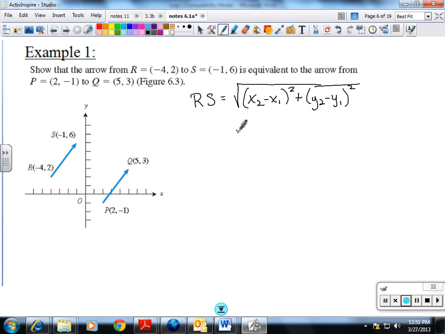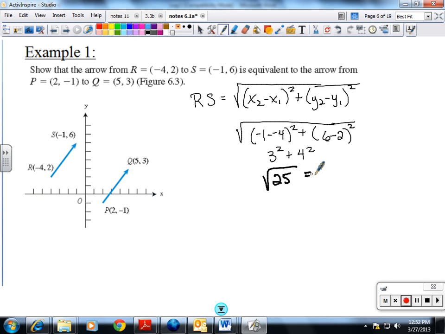So from R to S, that's going to be negative 1 minus negative 4 squared plus 6 minus 2 squared. That's 3 squared plus 4 squared, which is 25. The square root of 25 is 5.